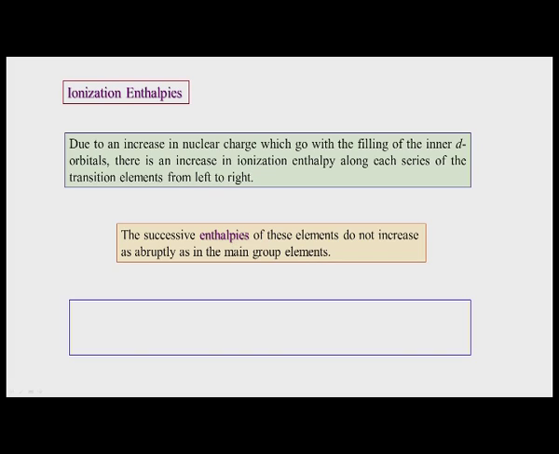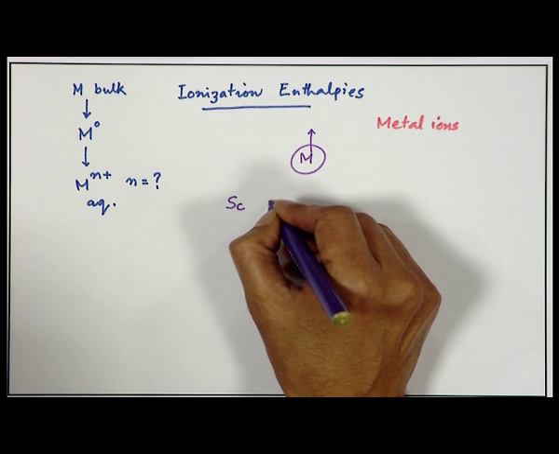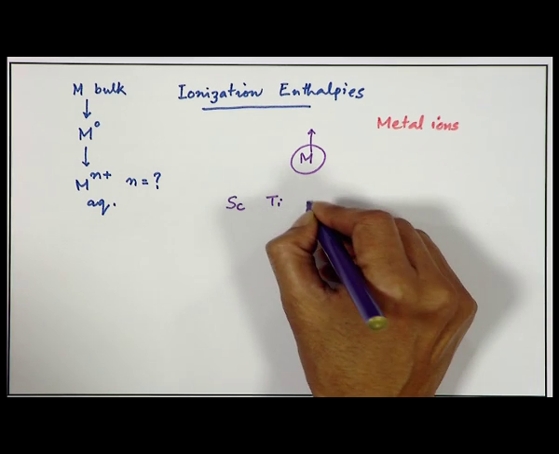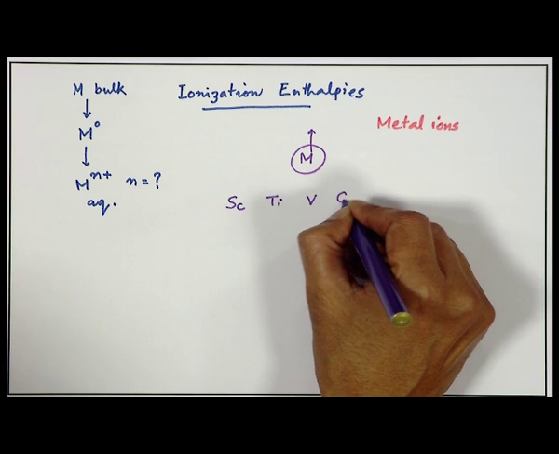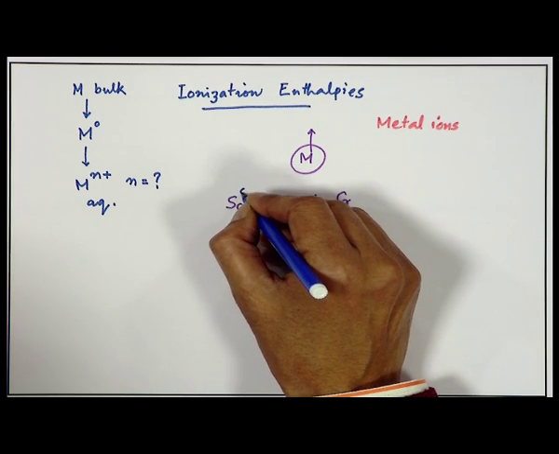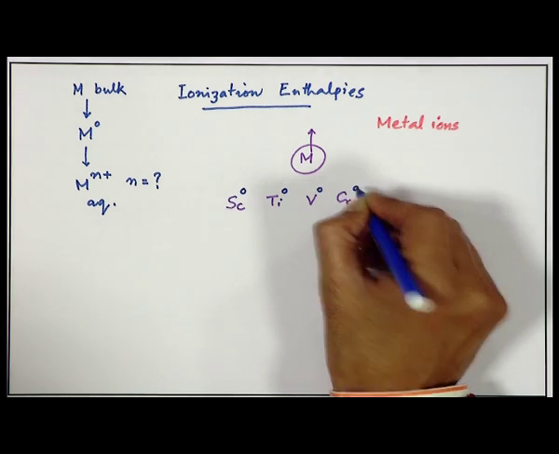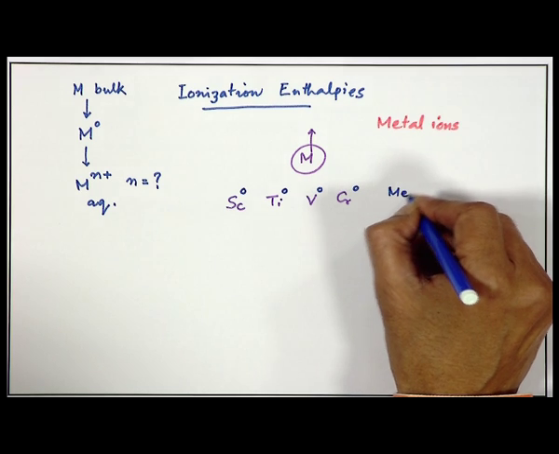So, when we consider the knocking out of the first electron, if we have scandium, then titanium, vanadium and chromium etc., due to the corresponding process of atomization, we get the corresponding metal atoms.